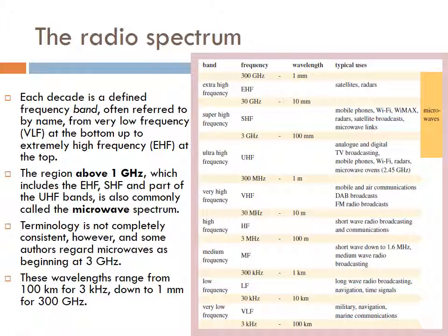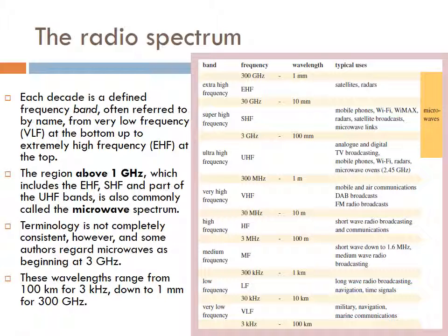So as you can see, we have very low frequency from 3 kilohertz to 30 kilohertz, where wavelengths change from 100 kilometers to 10 kilometers. So these very long waves were used for military navigation and marine communications. Low frequency ranges from 30 kilohertz to 300 kilohertz.